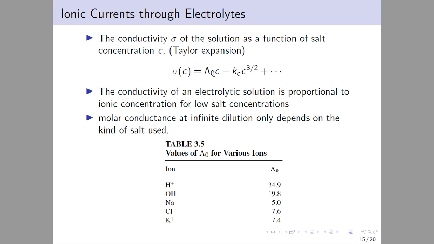Okay, C increase, conductivity also increase. Okay, so molar conductivity at infinite dilution only depend on the kind of salt used. Okay, so here we have the various ion. Okay, value 34.9, 7.4, 7.6, 5 point. So this.